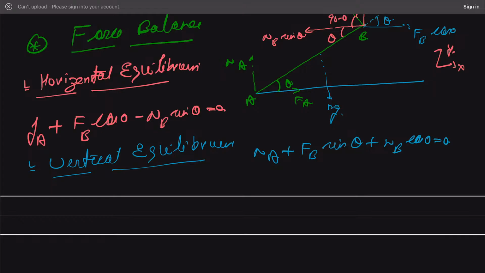So these are the, and what else, minus mg is equal to 0. So these are the two equations for this.